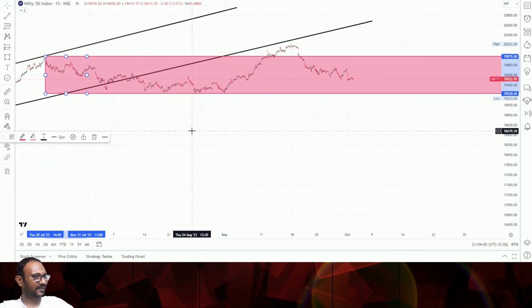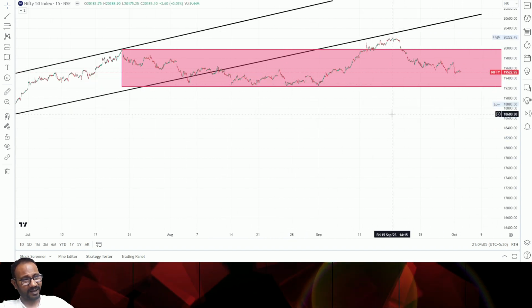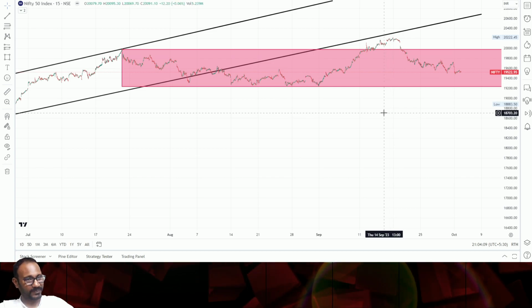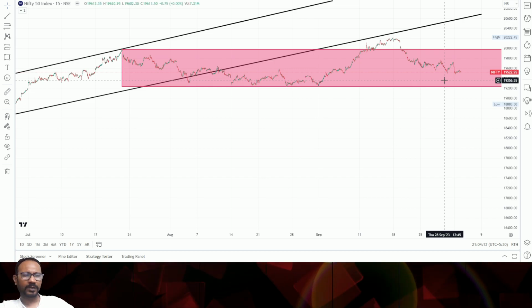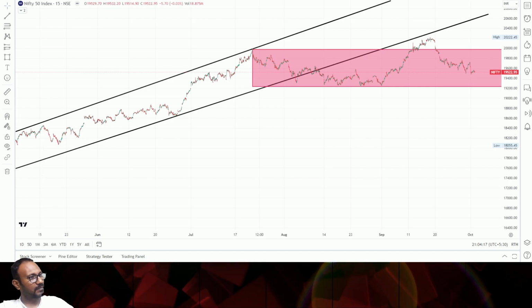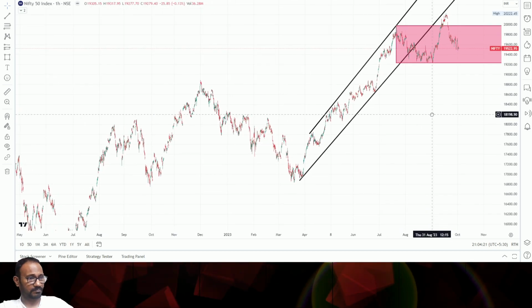It looks like we are consolidating for months together over here. So how reliable is this, right? That's why we got to study in different time frames to understand what are the various patterns that are formed. Maybe if I switch to 1 hour, we might have a different clue, right?